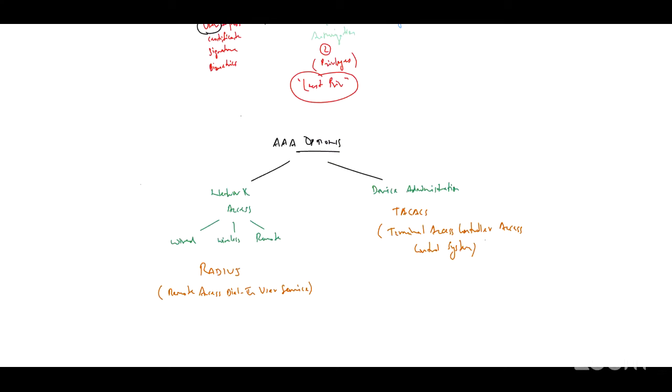So talking about Tacacs first, Tacacs was designed a long time ago. It has been there from when we used to have Unix systems and mainframe systems. The purpose for which Tacacs was developed was device administration. It was created to authenticate and authorize users into mainframe and Unix terminals, as well as any other consoles or terminals.